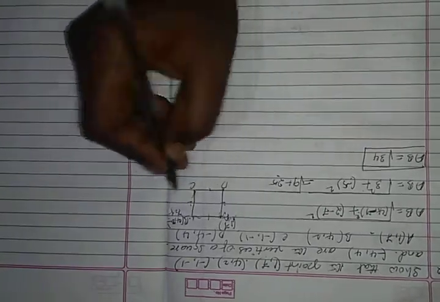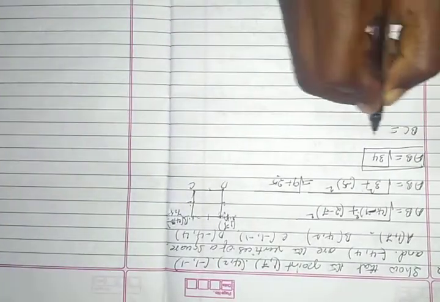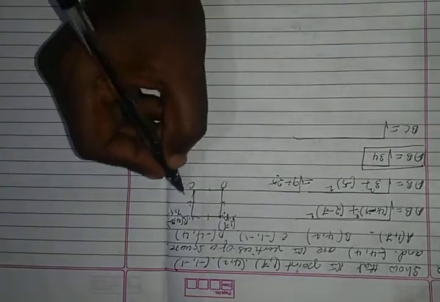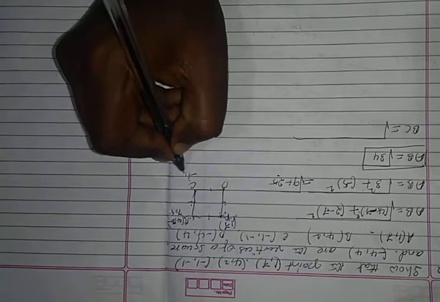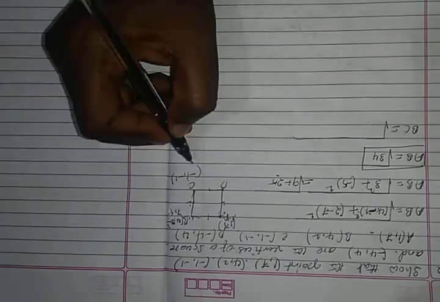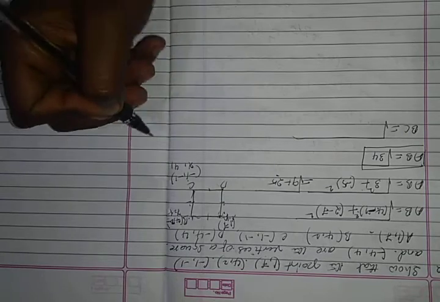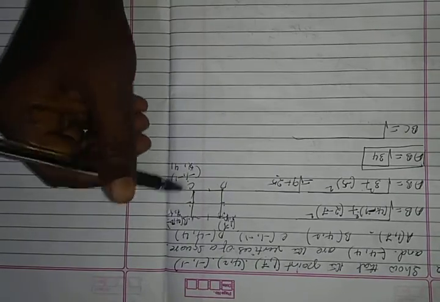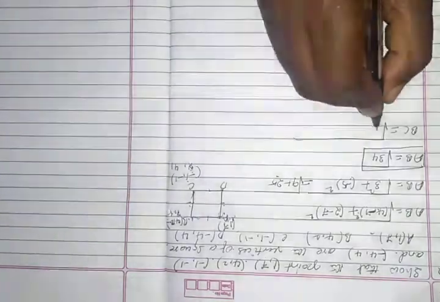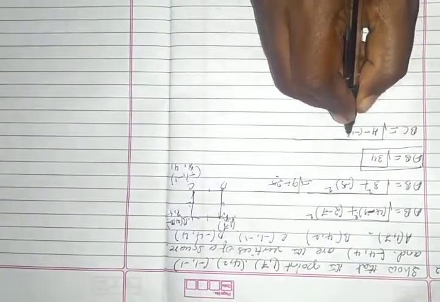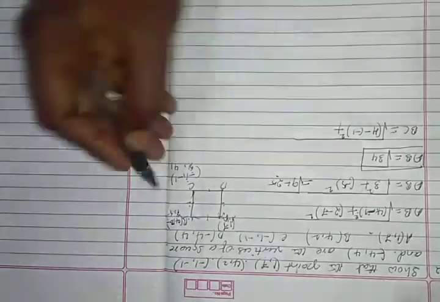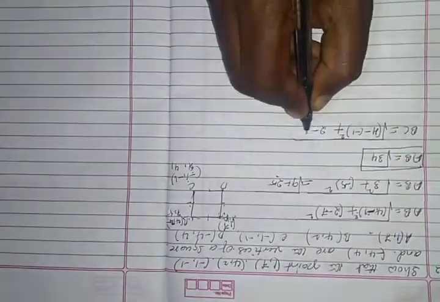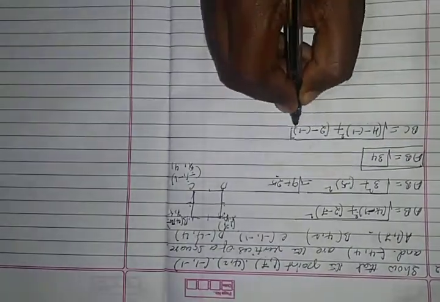Let us see the second one, BC. Again the distance formula. Here the coordinates of point C are (-1, -1). I am going to take these as x1 and y1, and B as x2 and y2. So x2 minus x1 is 4 minus of minus 1, whole square, plus 2 minus of minus 1, whole square.